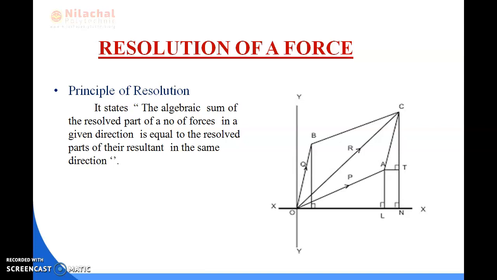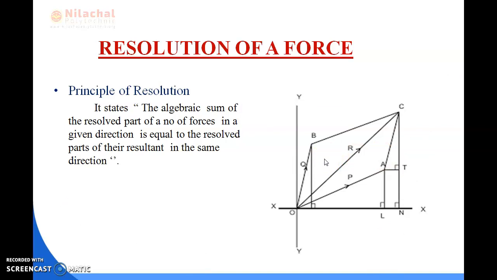Okay, and the resolution which breaks into two forces means one will be horizontal, along the x-axis, and the second one is vertical, along the y-axis. Okay, so see here.